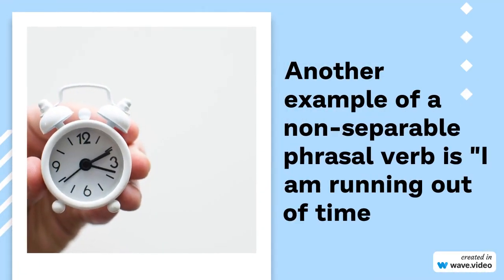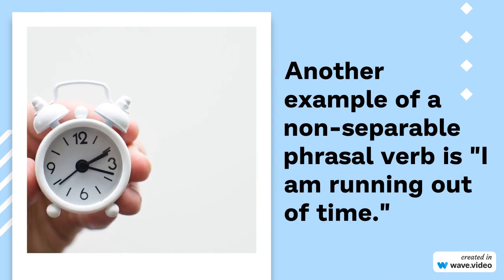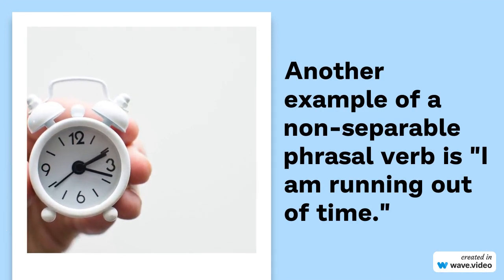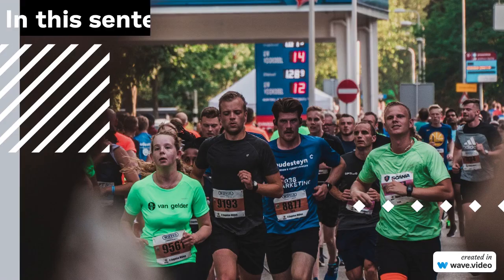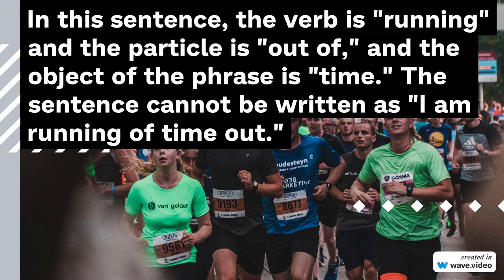Another example of a non-separable phrasal verb is I am running out of time. In this sentence, the verb is running and the particle is out of, and the object of the phrase is time. The sentence cannot be written as I am running of time out. You see, you can't separate the phrasal verb.